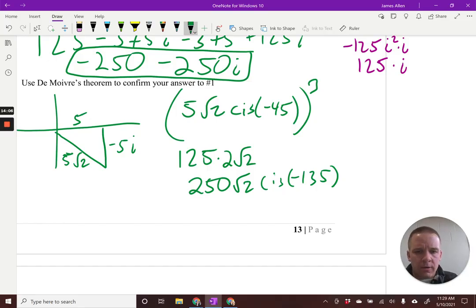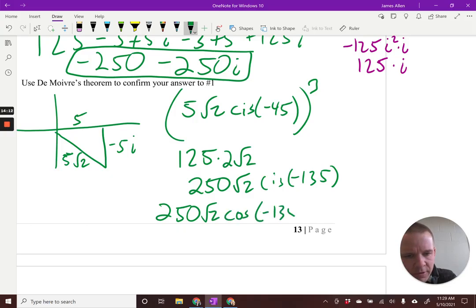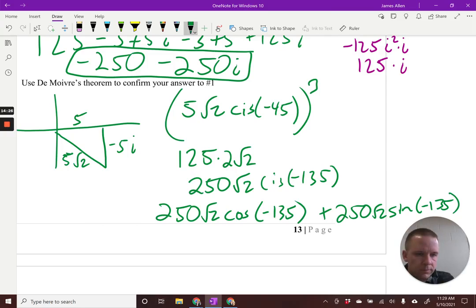All right, so now I'm going to break this apart like this. 250 root 2 cosine negative 135 plus 250 root 2 sine negative 135 i. So negative 135, that's in the third quadrant. Both cosine and sine are negative there.